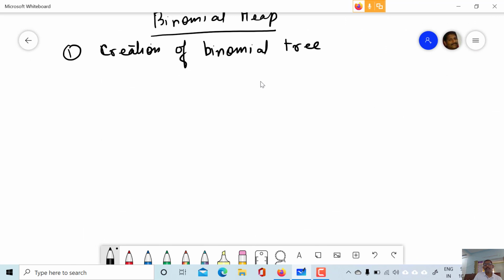The first binomial tree is a single node. This single node has 2 power 0 elements, that means only a single element is there.